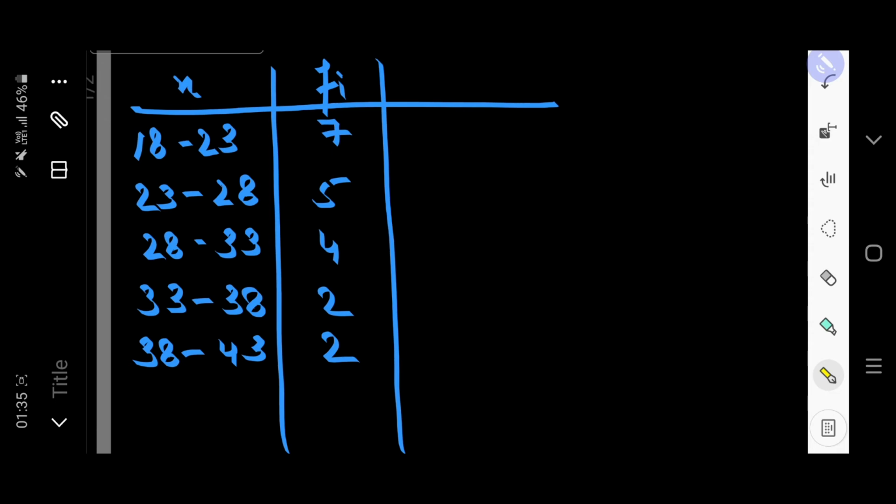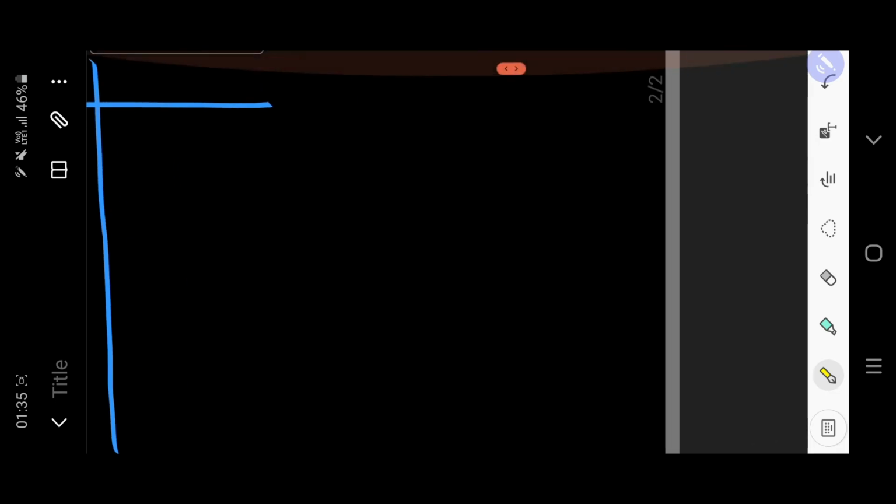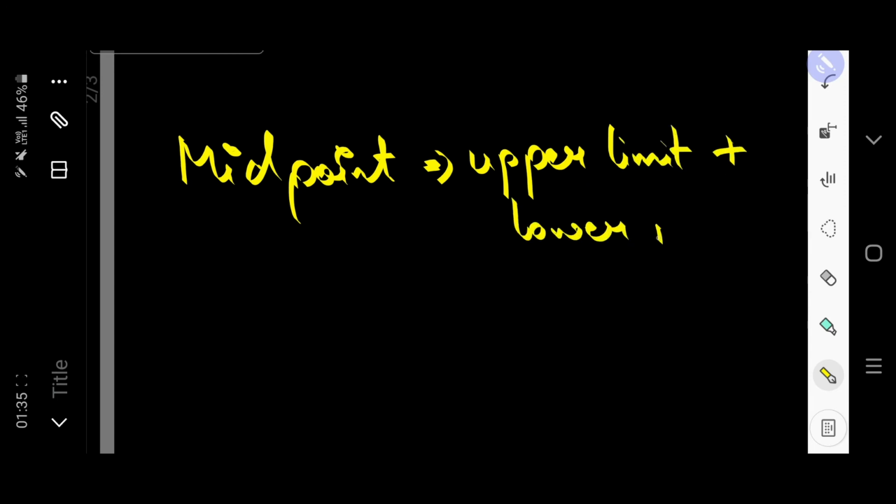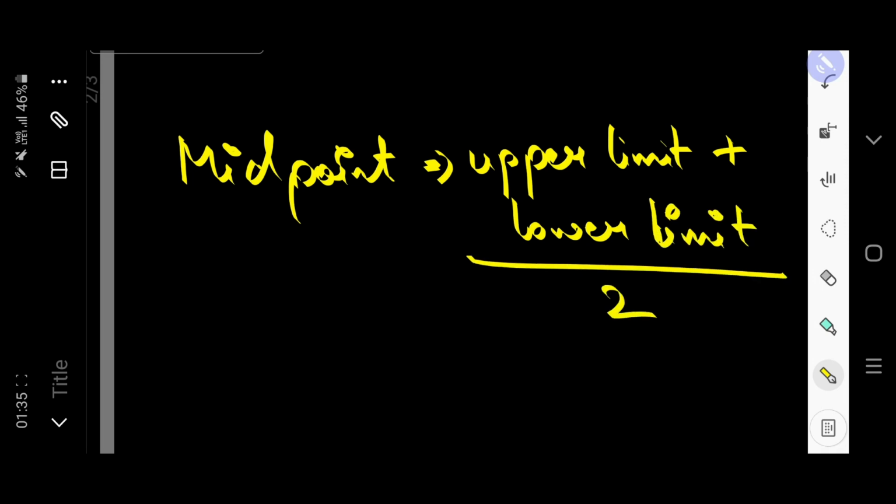For that midpoint, we just add the upper limit and lower limit of the interval and divide by 2.